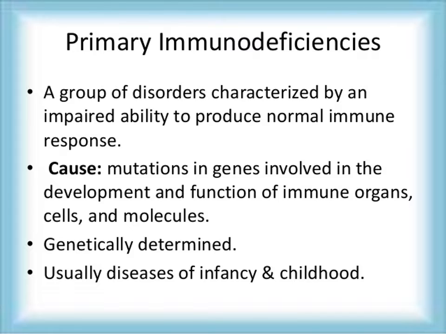Primary immunodeficiencies, we are going to discuss them in detail, are basically a group of disorders characterized by an impaired ability to produce a normal immune response. That is due to mutations in genes that are involved in development and function of immune organs, cells and molecules, and it's genetically determined.